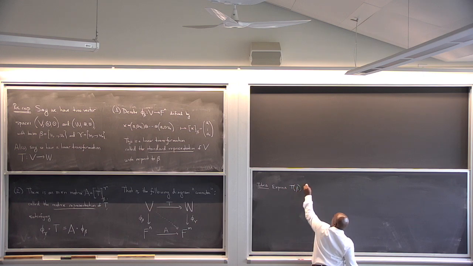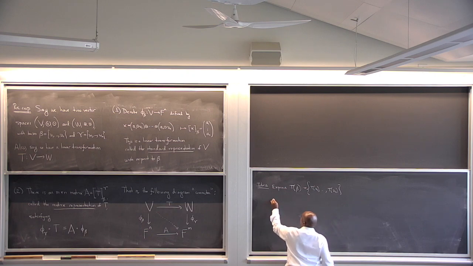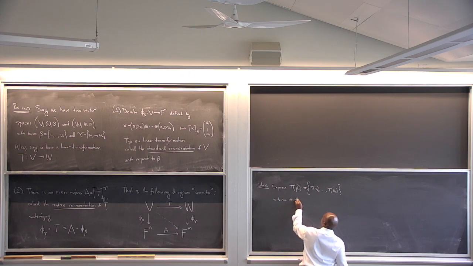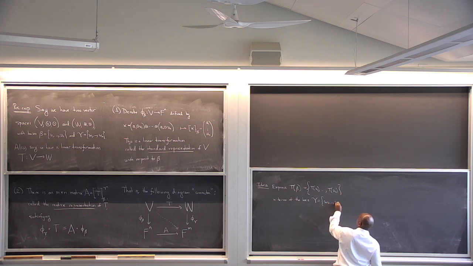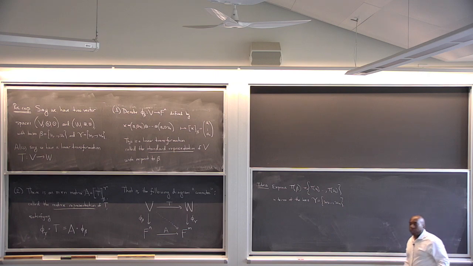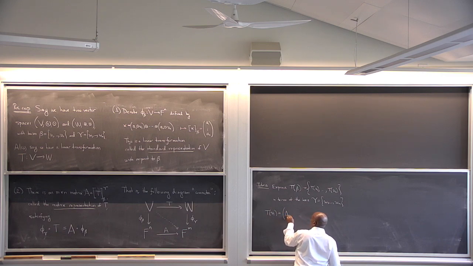So let's consider this T of beta and express this in terms of this basis gamma. So what I mean by this is, let's take the first vector, v1, and let's write that as this linear combination.